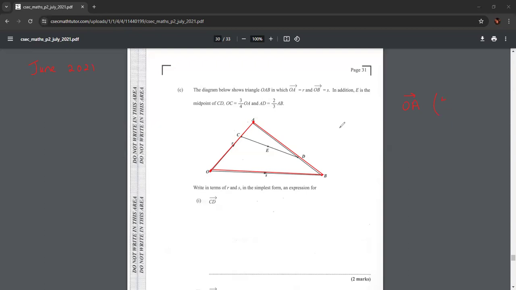So in this case, they gave us that OA is equal to R. So it's like the same thing we're doing, except now we don't really have numbers to deal with. We're dealing with the letters that they gave. And then they said that OB, right? So moving from O to B is S.